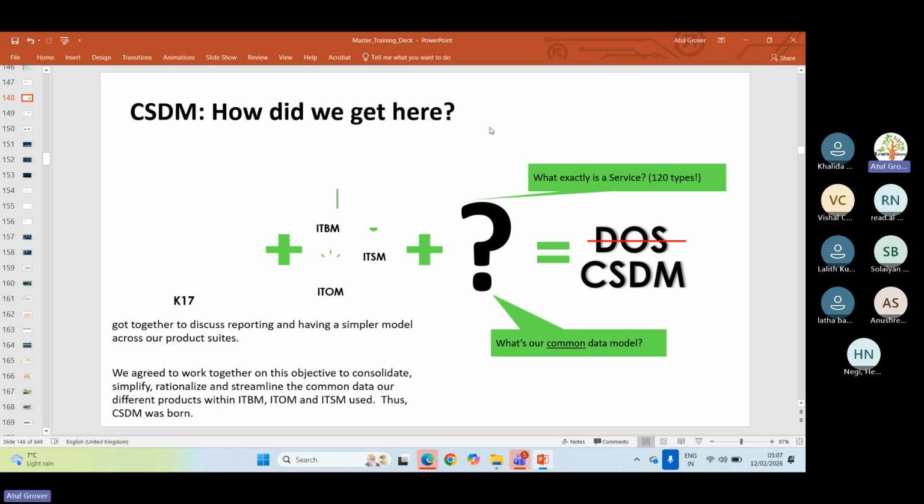To solve this problem, people came together and started the discussion.